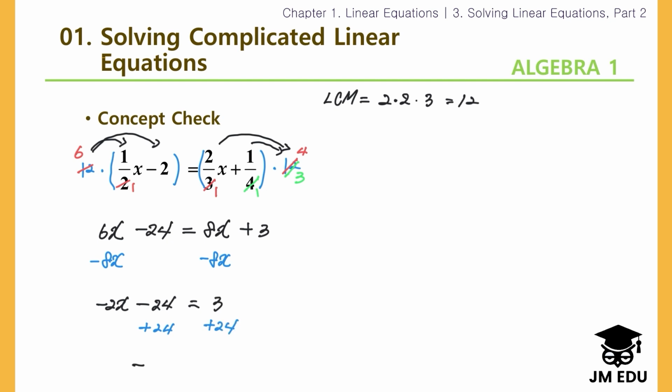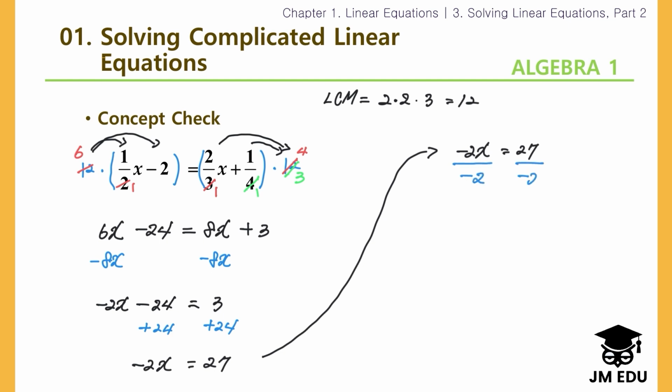So minus 2x is equal to 27, right? The last step is what? Divide each side by negative 2. So we have x is equal to negative, well, 27 is not divisible by 2, right? So we can just leave the answer as negative 27 over 2.